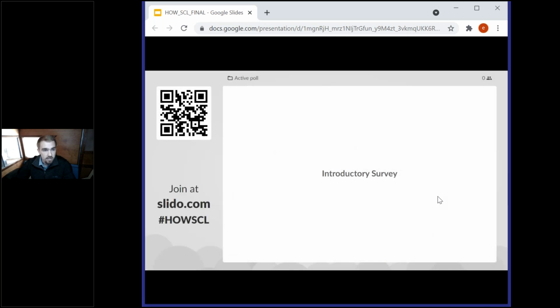So the first thing we'll do today is we'll use that Slido app that Lauren was talking about, and you can use your smartphone, and if you have an iPhone, you can even just scan this QR code in the corner of the screen here, and it'll open up a Slido survey. This will be a good way for me to get a lot of feedback from you, first of all, on where you're calling in from today, what your occupation is, and your familiarity with heat pump water heaters.